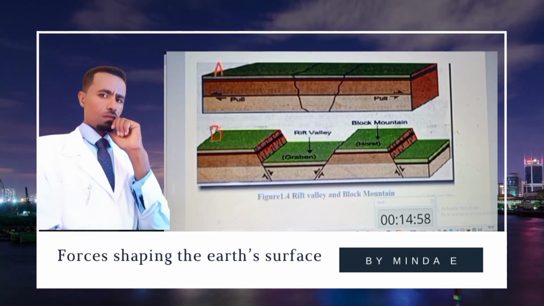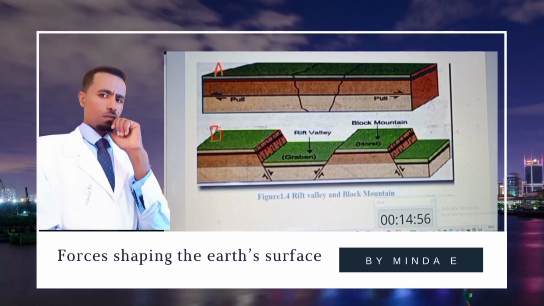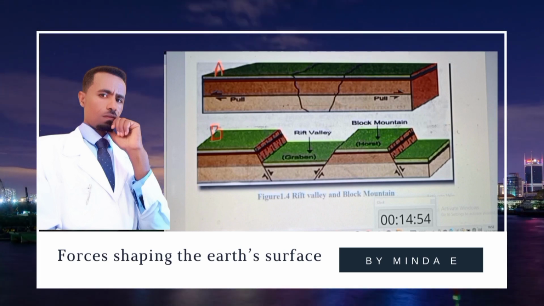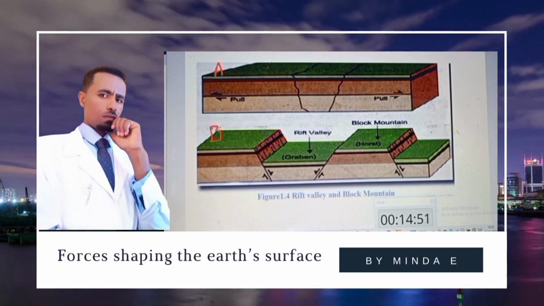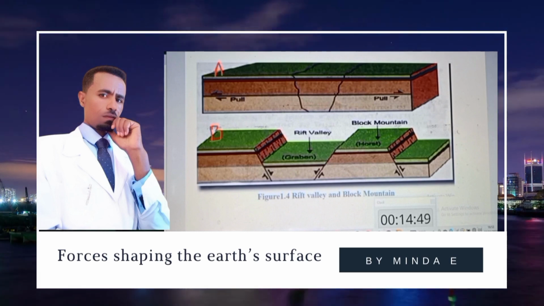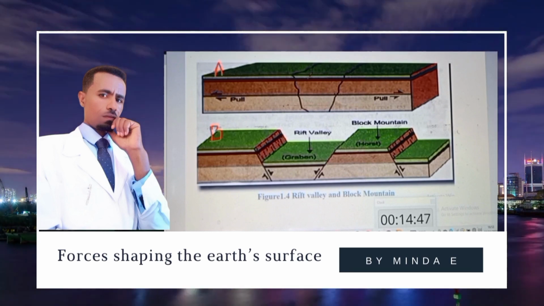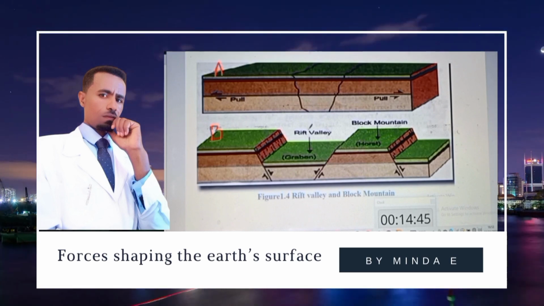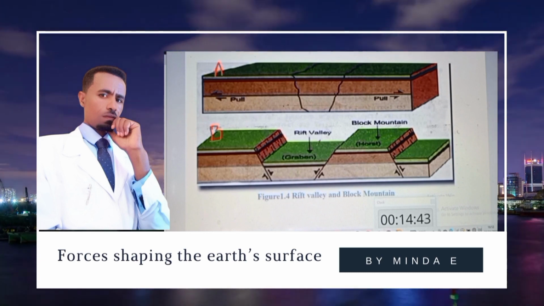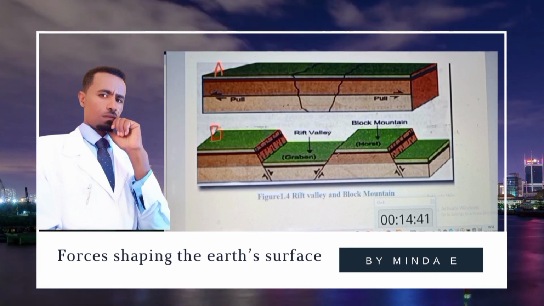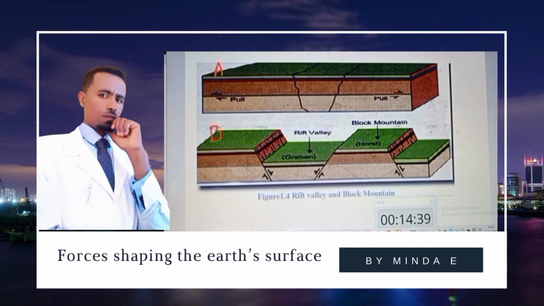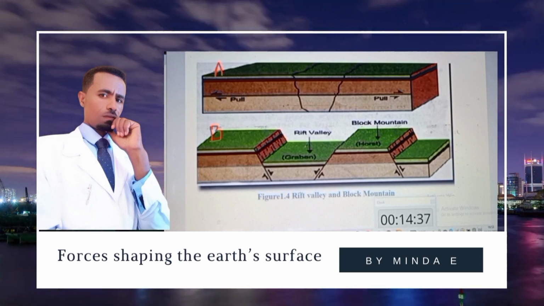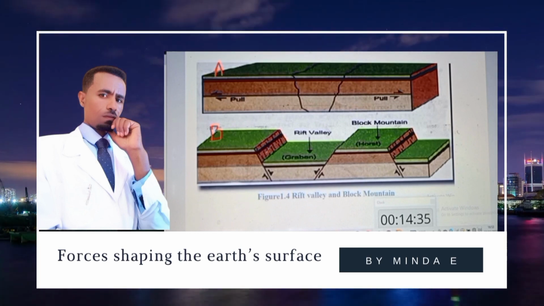Figure A is a flat surface. That means it is a flat surface before faulting. But after faulting, the outcome of faulting is figure B.